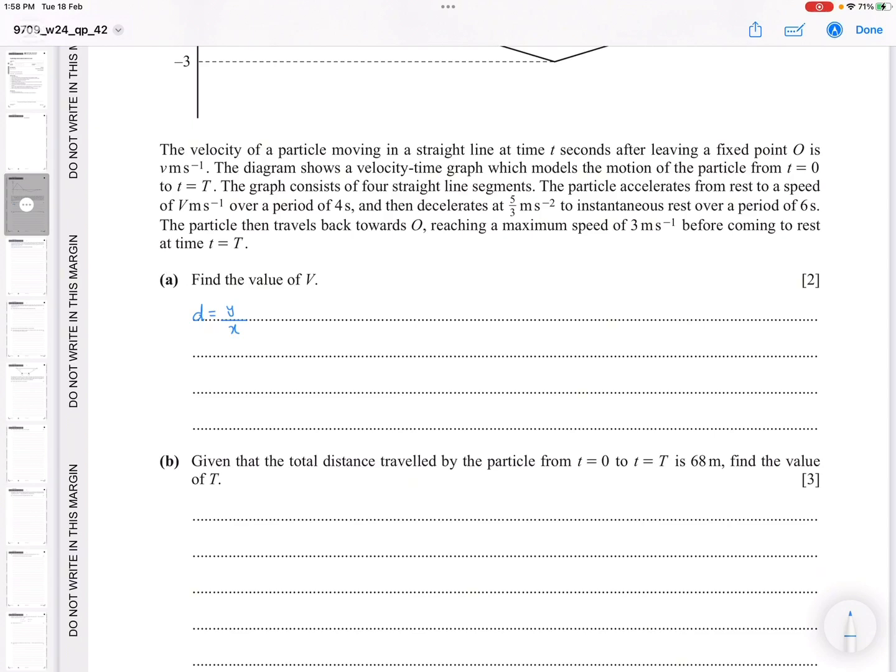So our deceleration is 5 over 3, given, equals our y, which is v, over our x, which is 6. So cross multiply, make v the subject. So v equals 10 meters per second. This is a very simple way to handle this part.